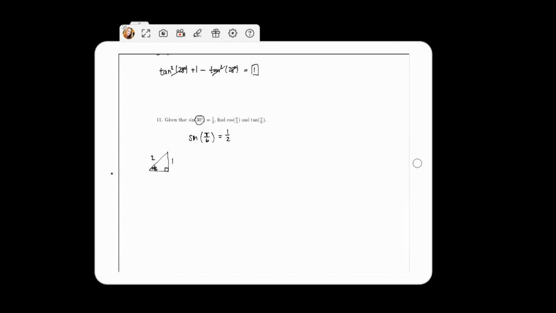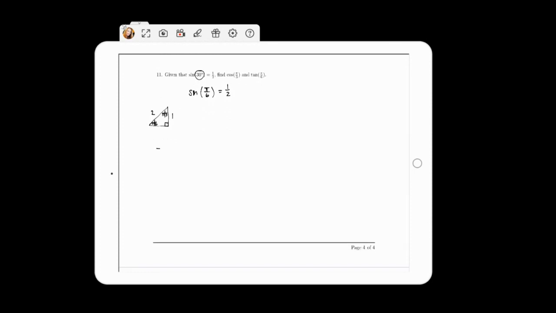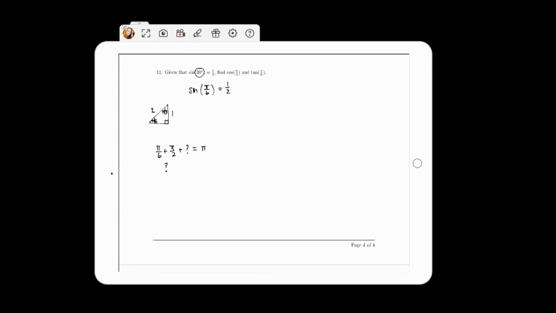Because I already have a pi over 2 and a pi over 6, the remaining angle is pi over 3, because pi over 6 plus 90 degrees plus whatever that other angle is has to equal 180. So that's how I found that the other angle is pi over 3. This is a very special question, engineered to work out.